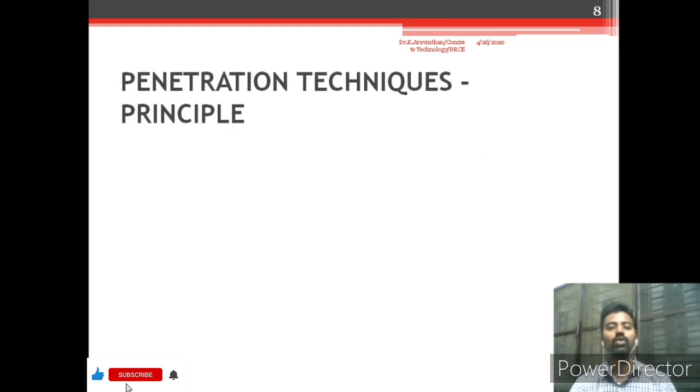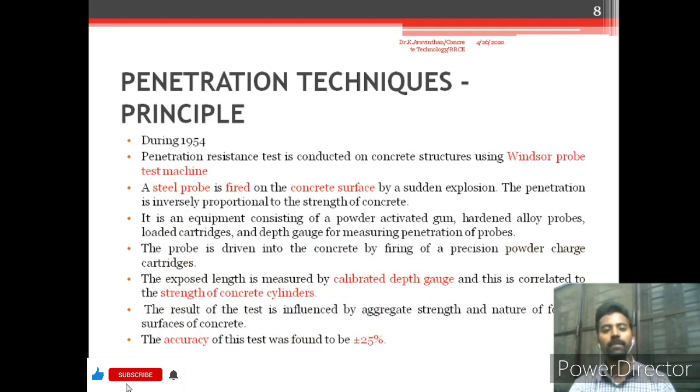Next we will look at the penetration technique. This test was developed in 1954 with the Windsor probe testing machine. This machine is generally used to identify the amount of resistance developed by the concrete.